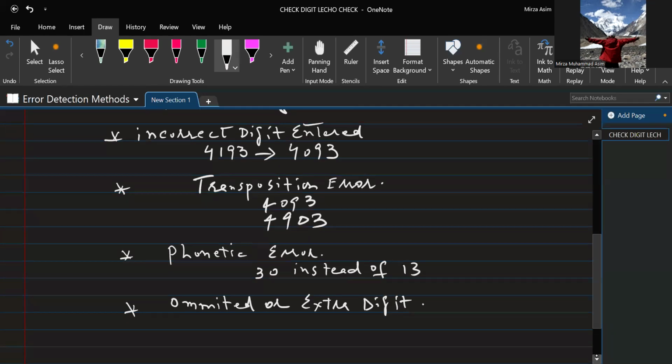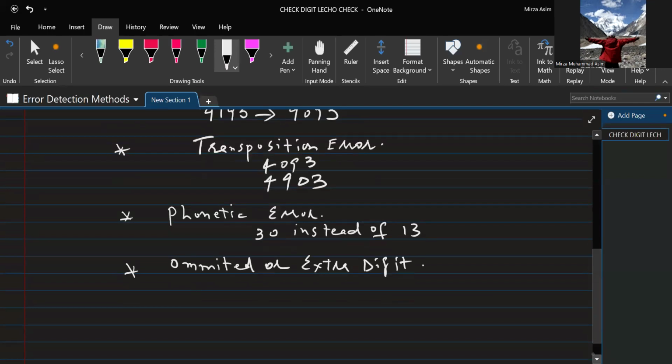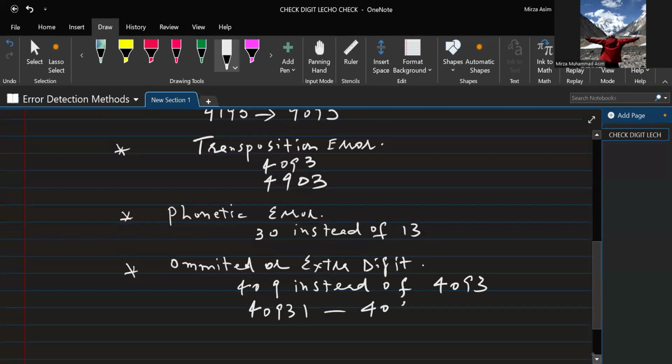What does it mean? You miss a number or add a number unconsciously while typing. 409 instead of 4093, you missed one of the digits, which is 3. And sometimes you pad an extra digit, like 40931, when it should be 4093. Clear?